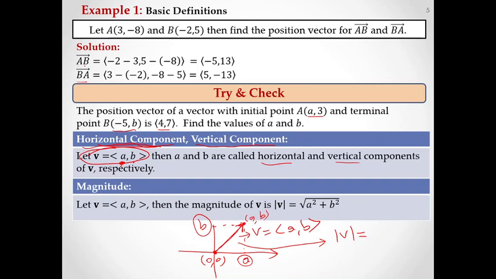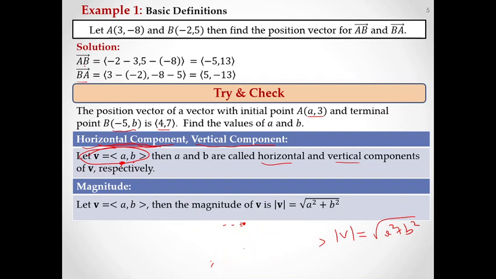If it is (A, B) and (0, 0), using the distance formula, we get the square root of A squared plus B squared. We call this the magnitude, and we write it as the absolute value of V. It looks like absolute value, but it stands for magnitude.